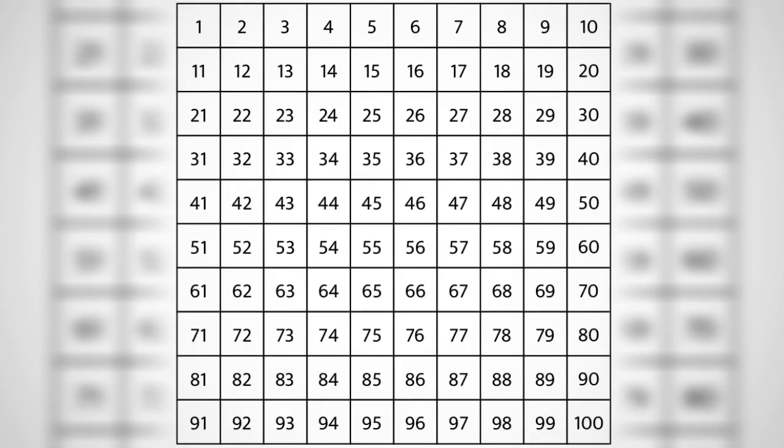All right. So I may want to do 65 minus 40, right? Well, you don't want your child to have to start at 65 and then count back 40 by ones. So this is a little trick I show the kids. If you go up a row, that's minus 10.